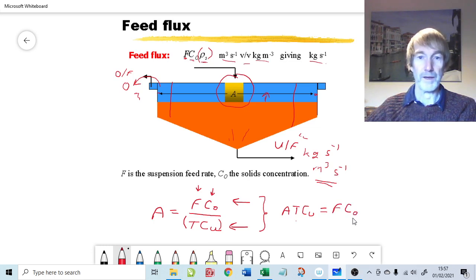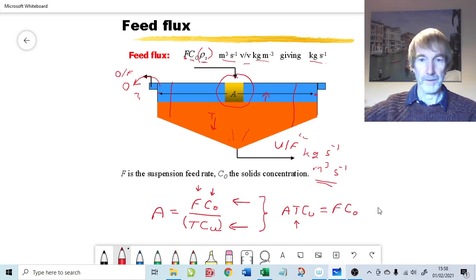That's what I mean by that T value there, the velocity inside the thickener for all the solids concentrations that exist, because eventually they're going to come out the bottom here. So it's the induced velocity inside the thickener, and all the solids are coming out in the underflow, if it's designed correctly, we have no solids going out into the overflow.